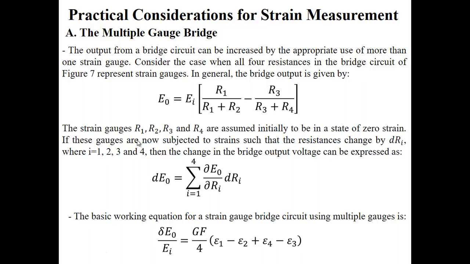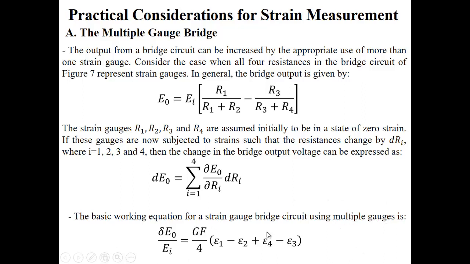If these gauges are now subjected to strain such that the resistance changes by dRi, where i is equal to 1, 2, 3, 4, the change in the bridge output voltage can be expressed like this: the summation of the partial derivatives of E0 with respect to Ri times dRi. Then the basic working equation for a strain gauge bridge circuit using multiple gauges is this one.